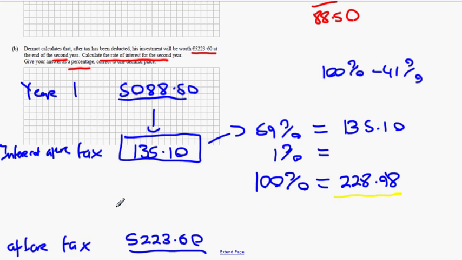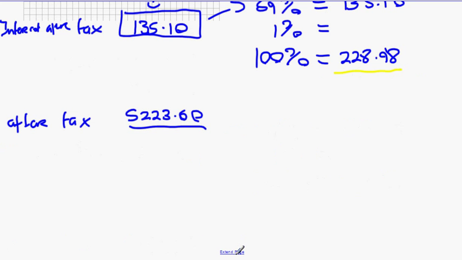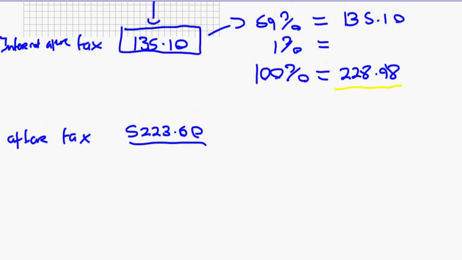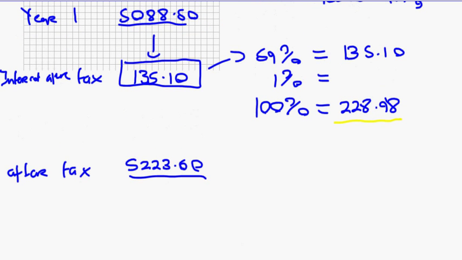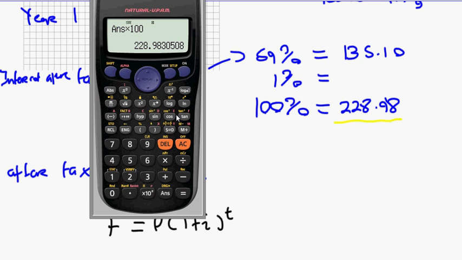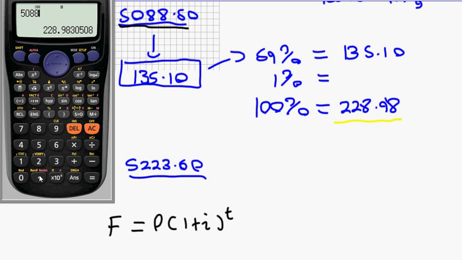Now, this means, so we're going to use this formula here, 1 plus I times T. Our final amount at the end of the year, before all this tax happened, was this number here, the 5088.5.